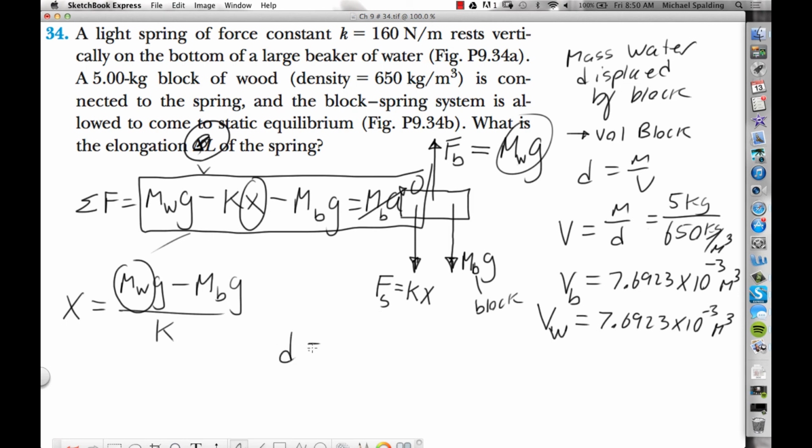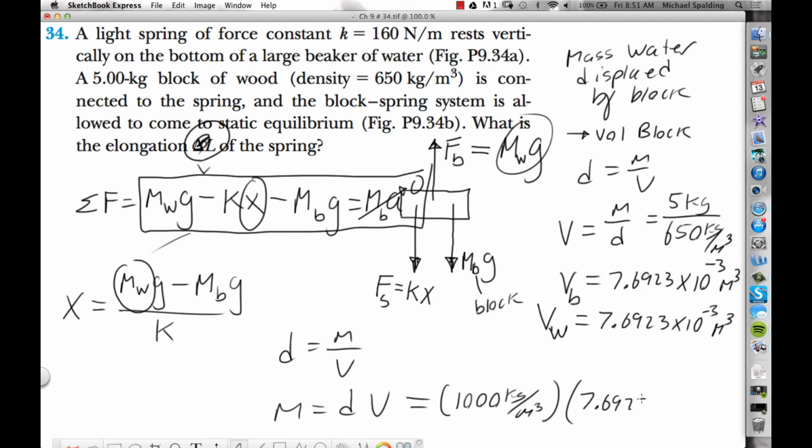Density equals mass over volume. So what's mass going to equal? Density times volume. So what's the density of water? 1,000. The volume of the water displaced is the same as the volume of the block. Fluids are tedious.